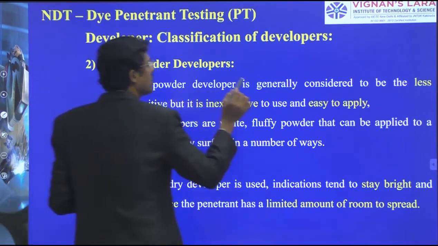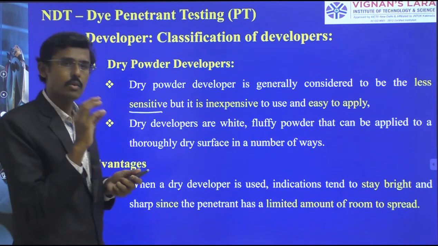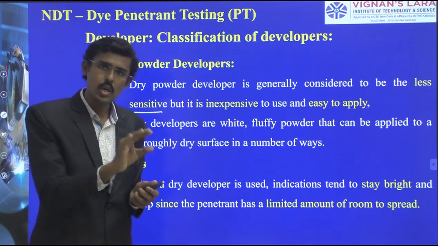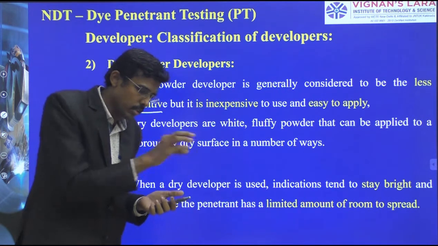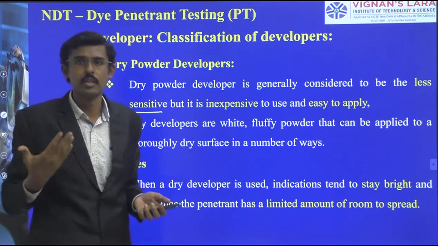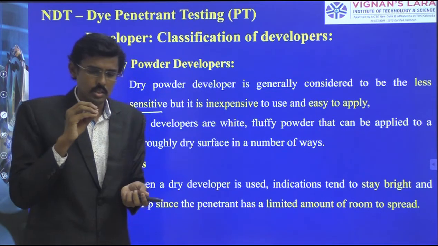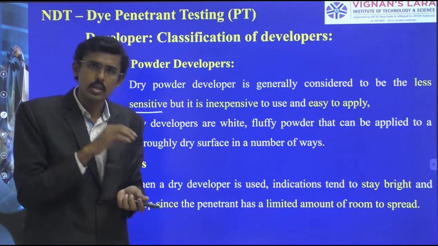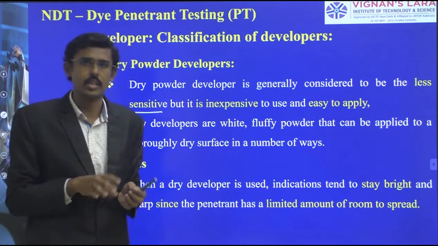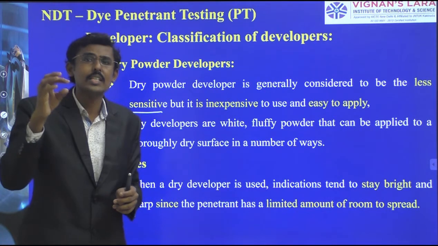Dry powder developer is generally considered to be less sensitive because we are using a powder and throwing it on the surfaces, just like a normal powder we throw on our faces. The developer thrown on the surface sticks there; it's not a fluid to spread. Therefore, equal thickness we will not get.